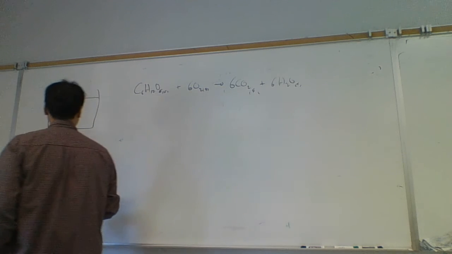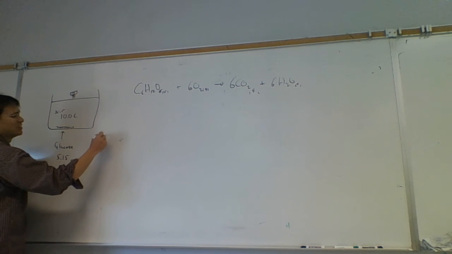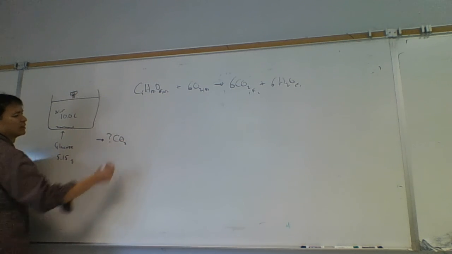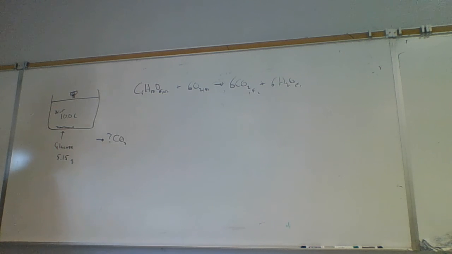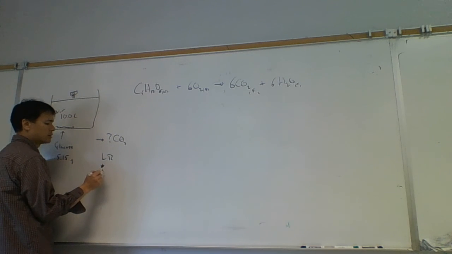And so we're going to do a simple calculation. We're going to try to figure out how much CO2 is produced. Then we want to know what the limiting reactant is and the excess reactant. So LR, excess.